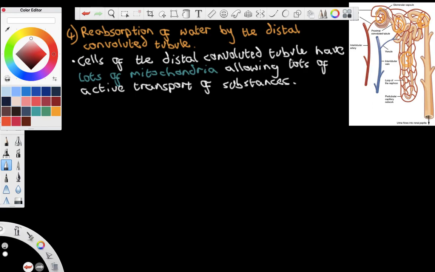Hormones act upon the distal convoluted tubule, which makes it more permeable to water. Okay?